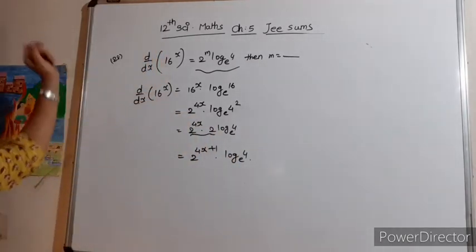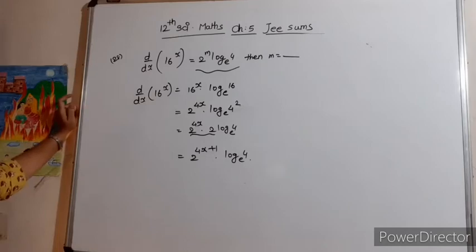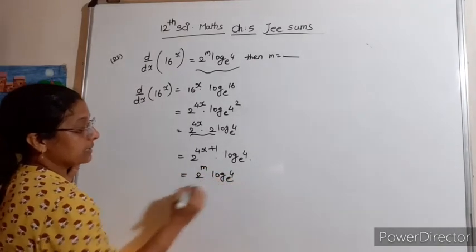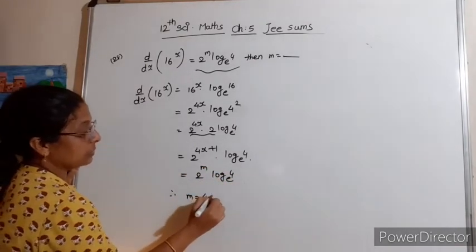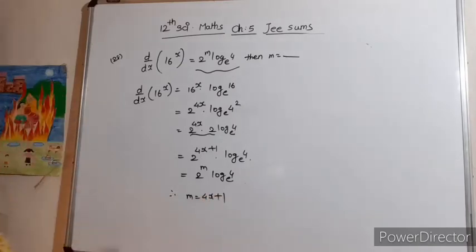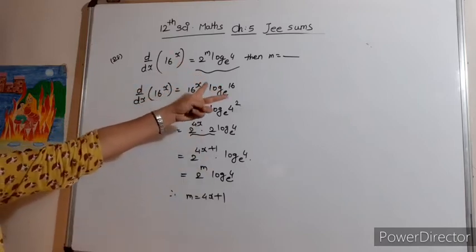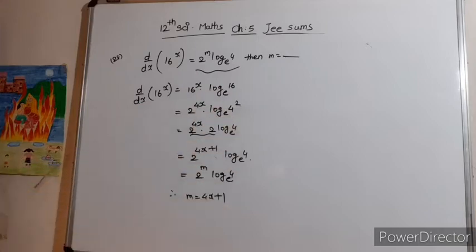Now you can compare this 2 raised to m log 4 base e. So m is equal to 4x plus 1. m की वैल्यू आपको क्या मिल जाएगी? 4x plus 1. Right? By comparing LHS and RHS. You understand that? Yes.